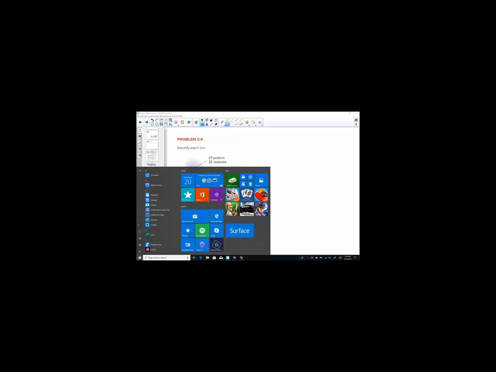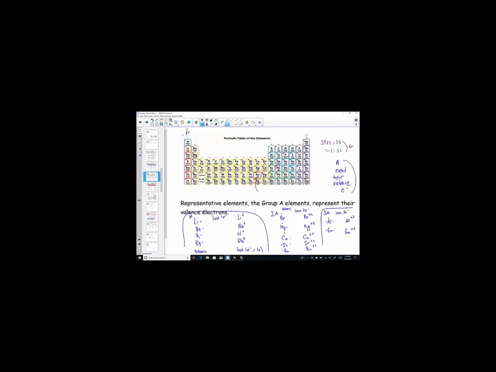Let's identify each ion. We have 27 protons in letter A. That looks like element cobalt, number 27. So I know that I have cobalt as my elemental symbol. Now, this kind of got placed a little close together.